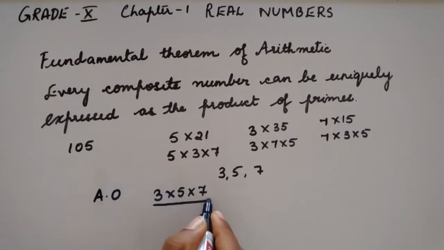This is the standard form of writing the prime products. Here we don't find any repeated prime factors. If we have repeated prime factors, then we need to write them in terms of powers. We will see that in the next example.